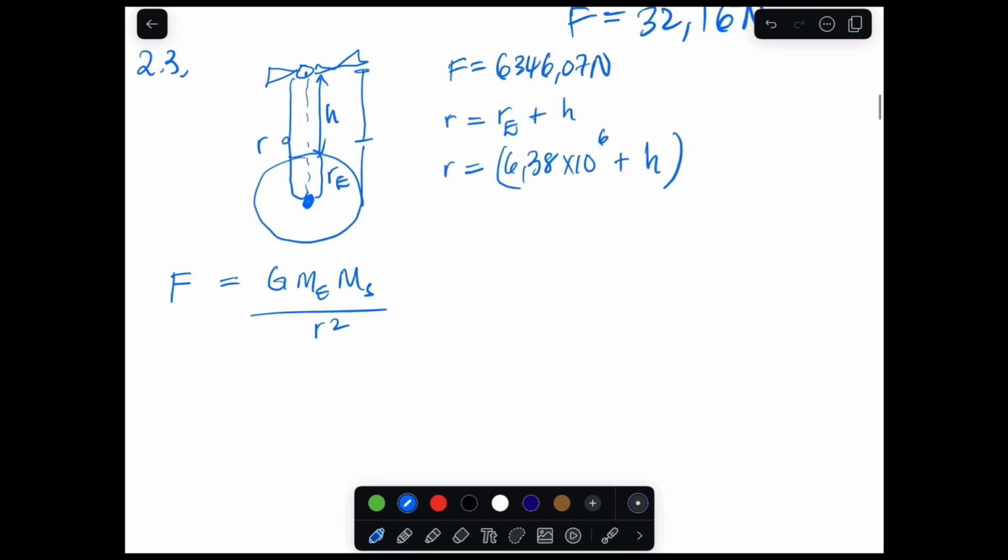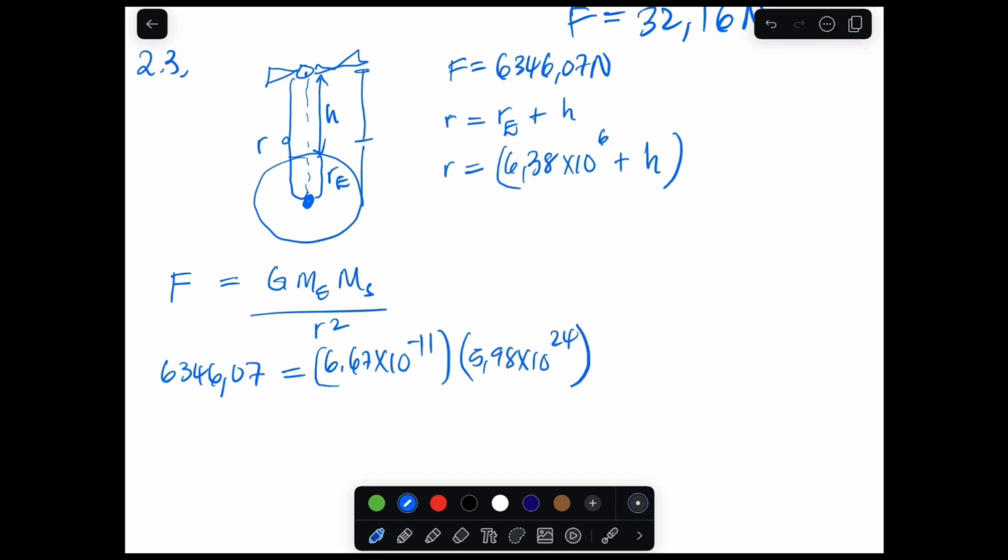So now we substitute the force. We are given the force between them, 6,346.07, and then the universal gravitational constant, it's 6.67 times 10 to the power negative 11, multiplied by the mass of the earth, which we're given as well, 5.98 times 10 to the power 24.